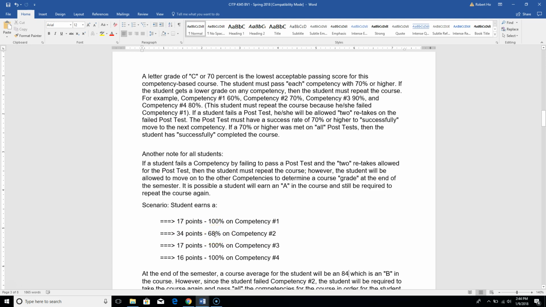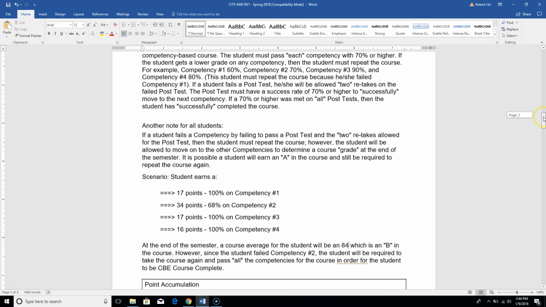That means you don't meet the passing standard. Although you get 84, which is a B in a traditional course, since the student failed competency 2, the student will be required to take the course again and pass all the competencies in order to be CBE course complete.